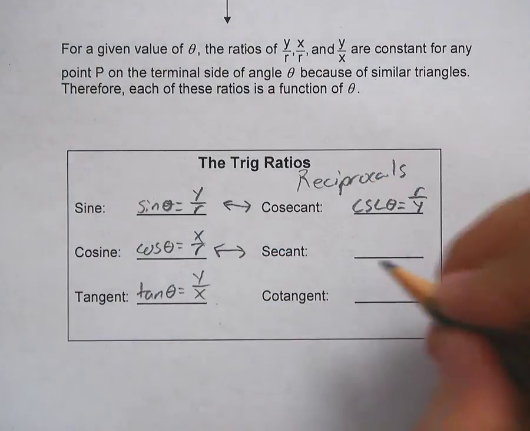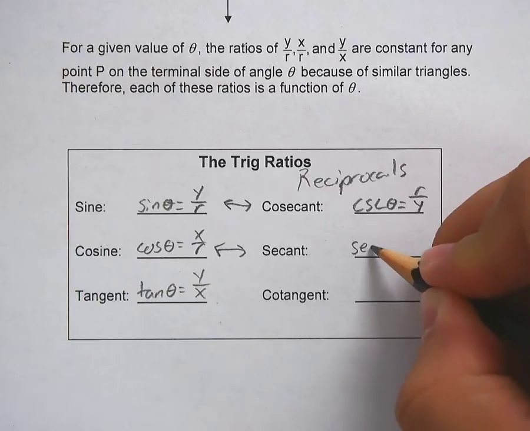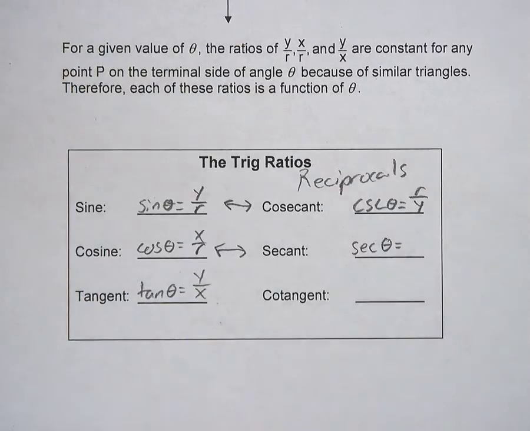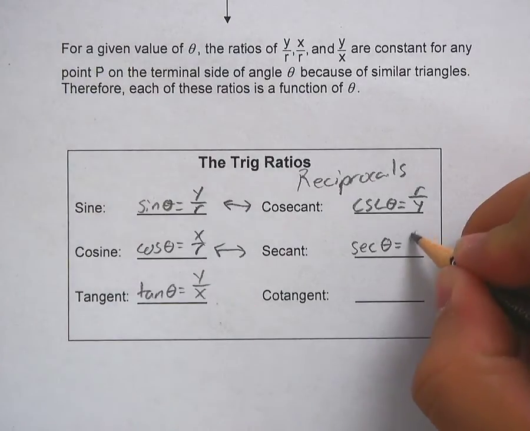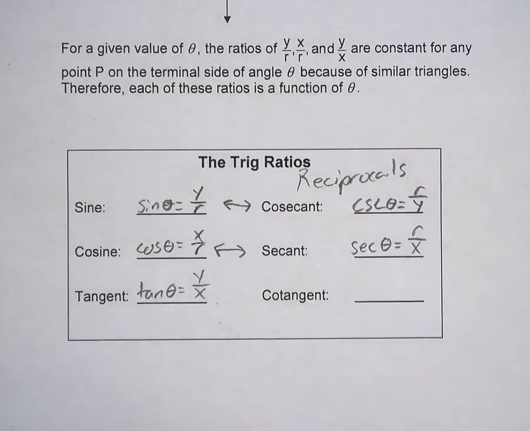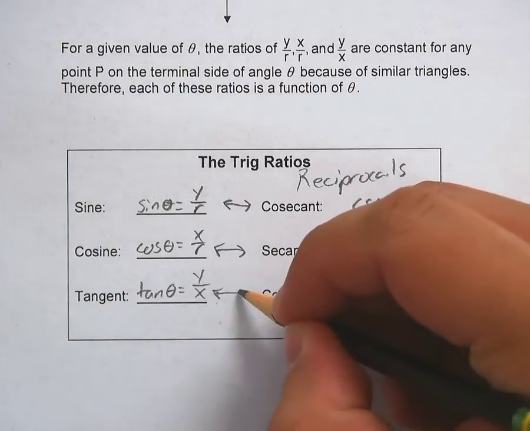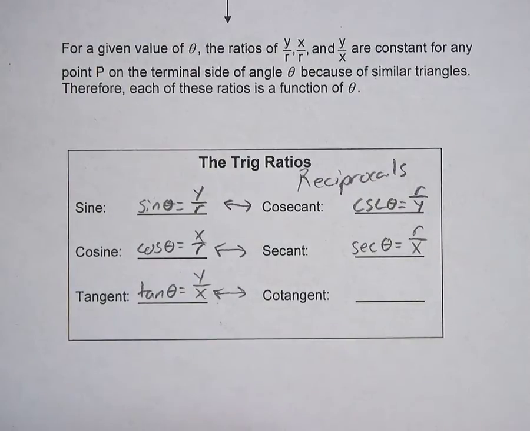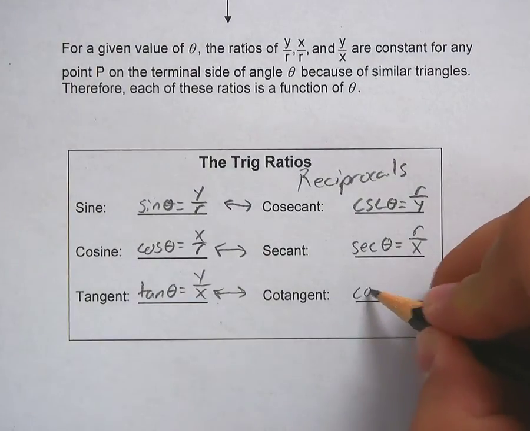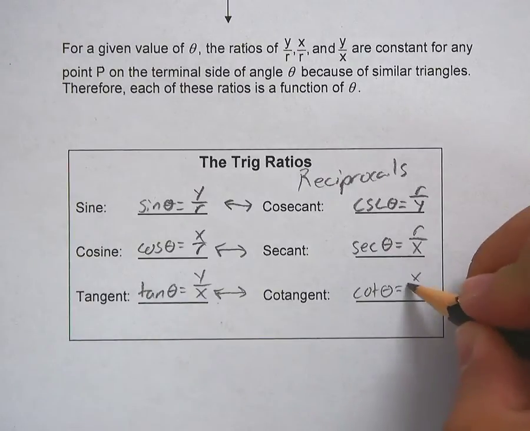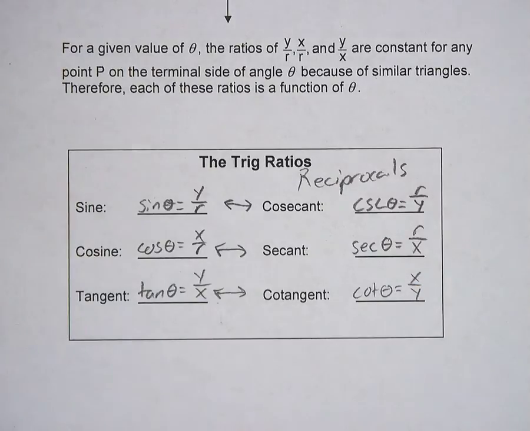So you've got SEC theta, which is r over x. Tangent and cotangent are obviously reciprocals. So cotangent, COT theta, is x over y.